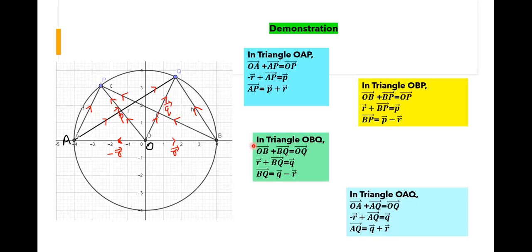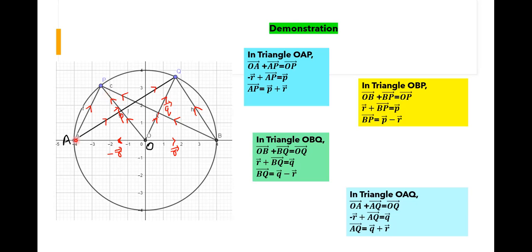Clear? So in the next step, we have to verify that the angle in a semicircle is a right angle. Means angle APB is 90 degrees. Similarly, angle AQB equal to 90 degrees. These two cases we are showing. So angle APB equal to 90 degrees means AP vector and BP vector should be perpendicular to each other.